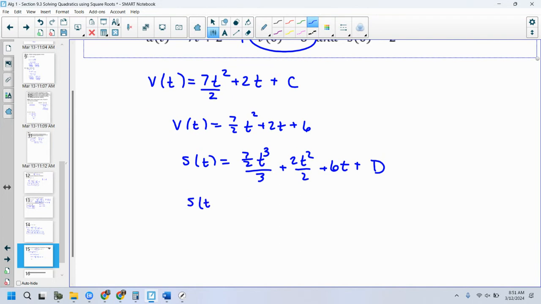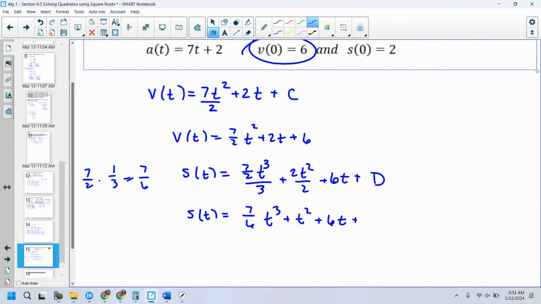So s of t is equal to 7 over 2 times 1/3, so 7/6 t cubed plus t squared plus 6t plus, and now again, I am told my initial displacement. That's the best case scenario when you're told your initial, right? Initial displacement was 2, positive 2.